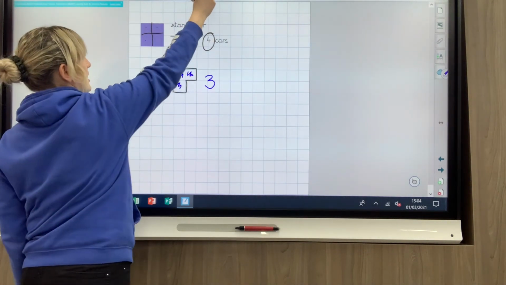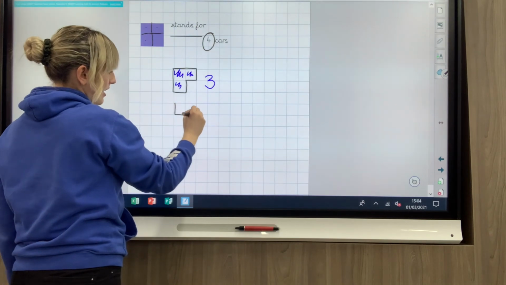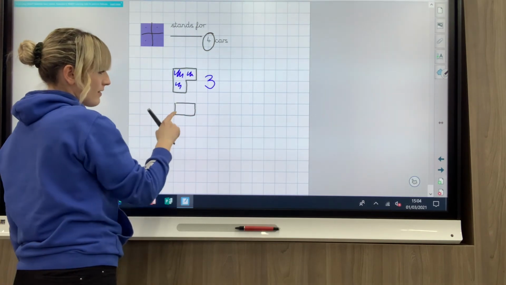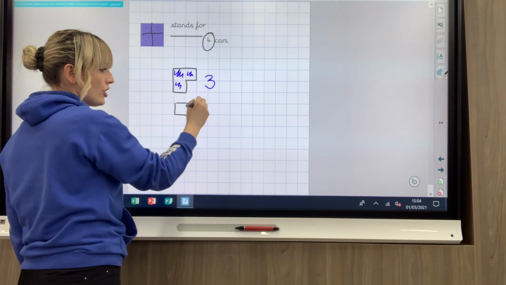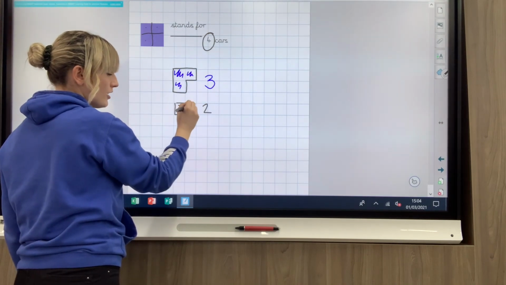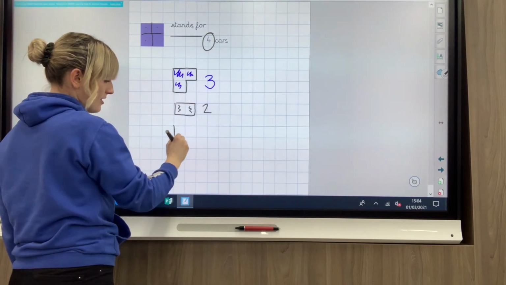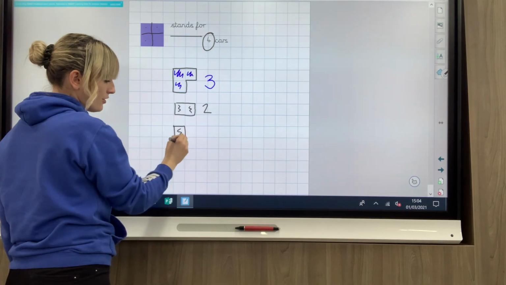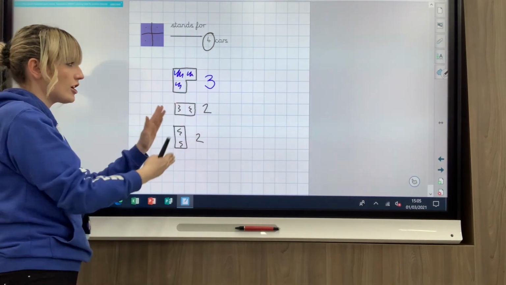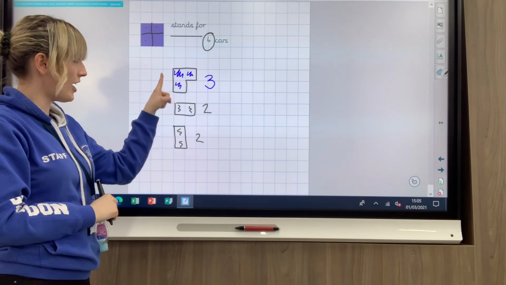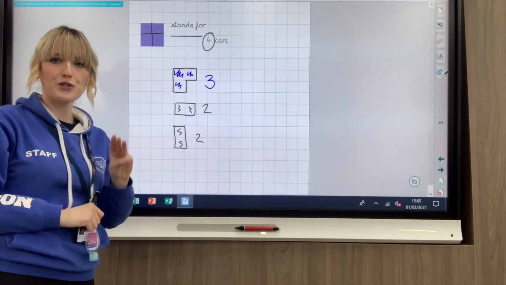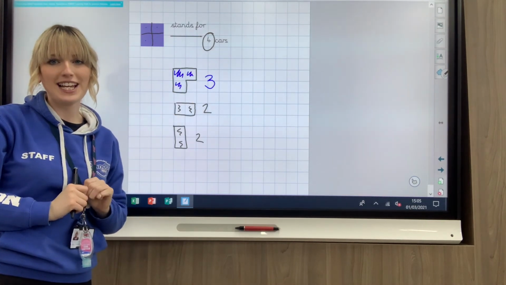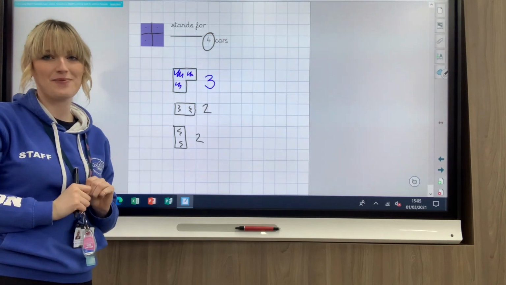If you've got a shape that looks like this, it's going to be 1, 2. Okay, because you've got 1, 2. Or you might go the other way. 1, 2. It'd still be 2 because it's just turned on its side. But just take note of that shape is worth 3. That will really help you with your questions today.